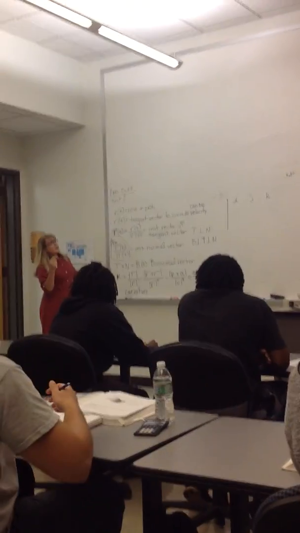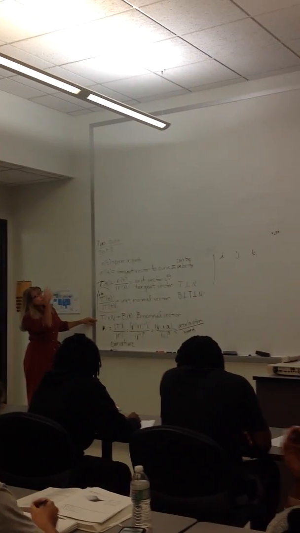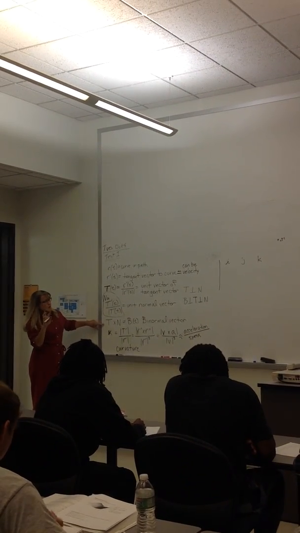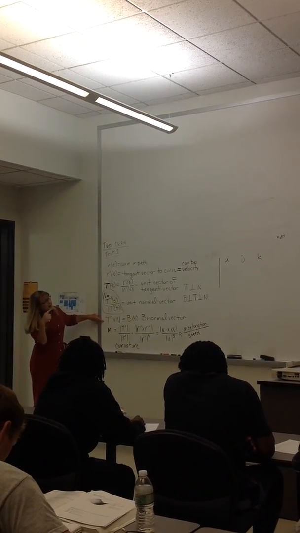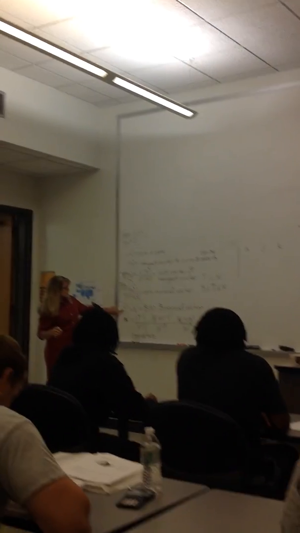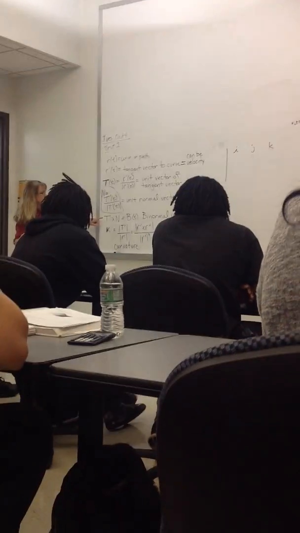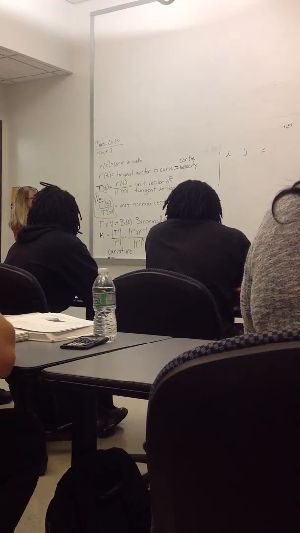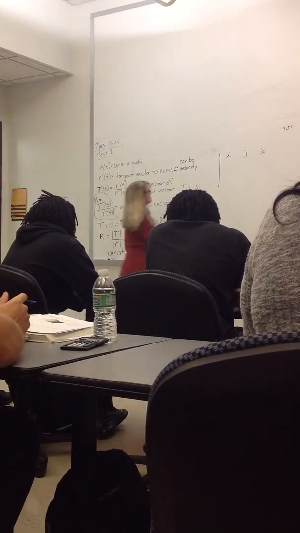If you accidentally cross in the wrong direction, you could just change the sign and not have to redo your cross product. But the definition is T cross N to get the correct direction.